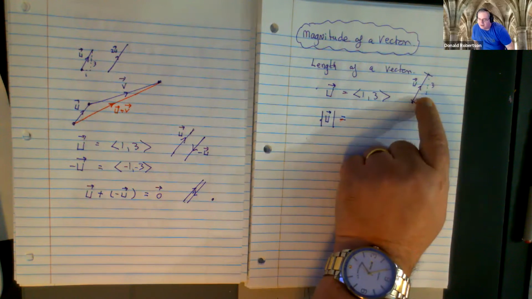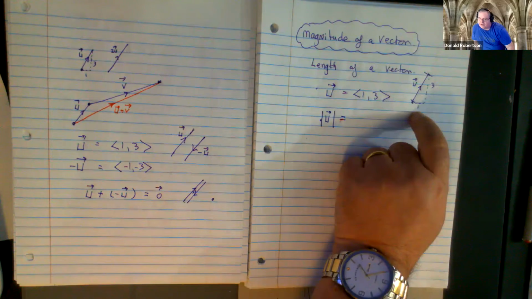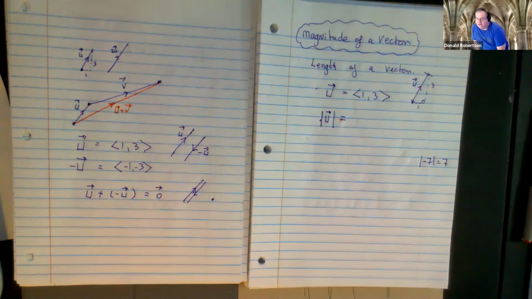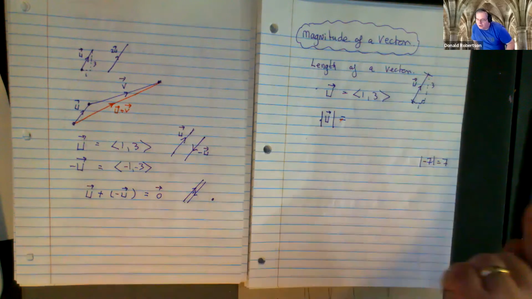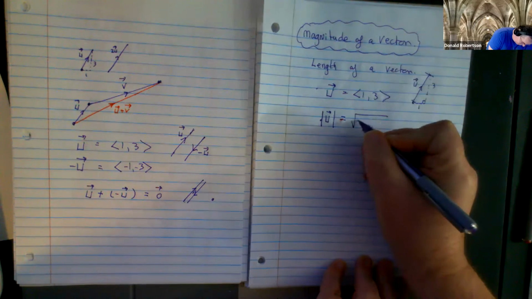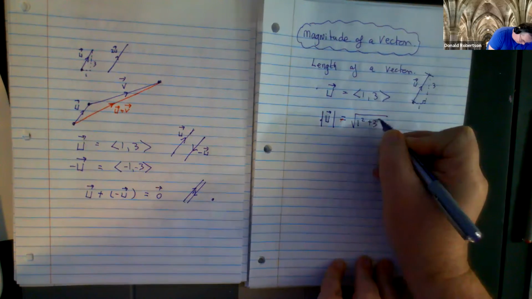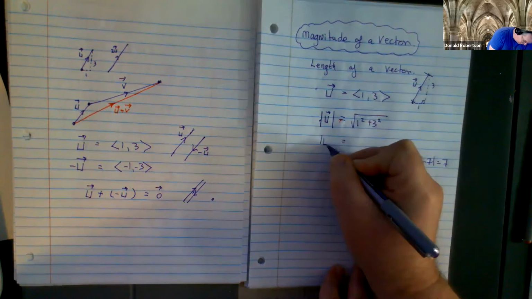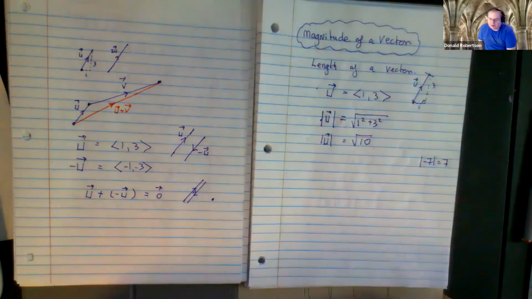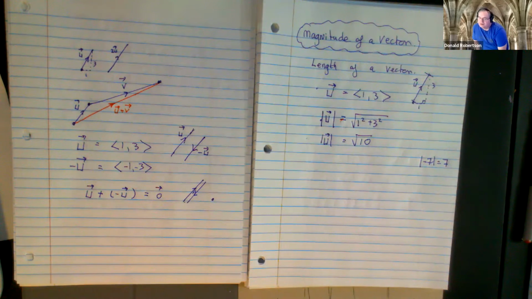Now, if you want to find the length of this vector, would you agree I could do it with Pythagoras? 1 along, 3 up. And so according to Pythagoras then, won't the answer to the magnitude of this vector be the square root of 10?